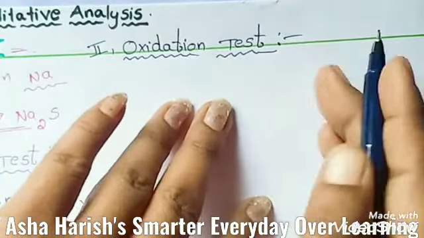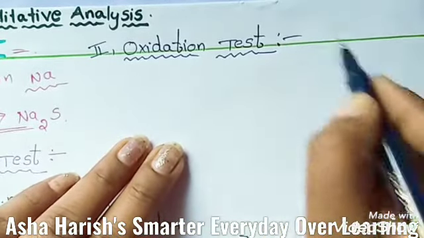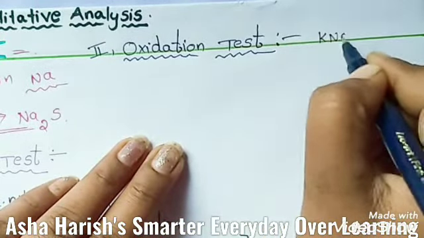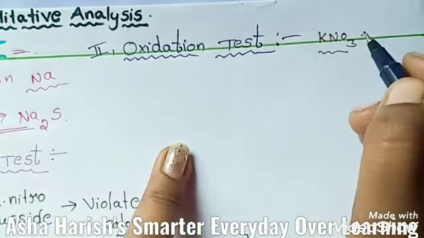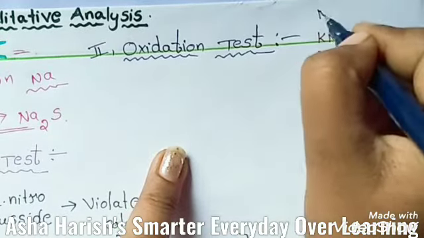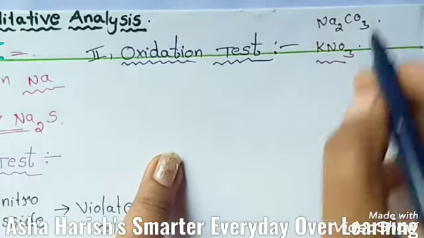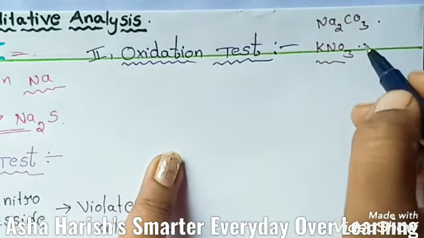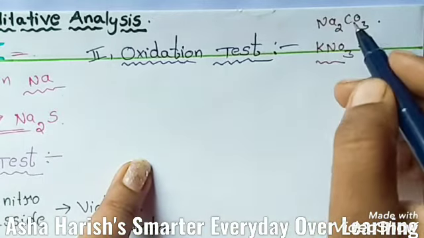In this, the given compound is fused with a mixture of potassium nitrate, KNO3, and sodium carbonate, Na2CO3.